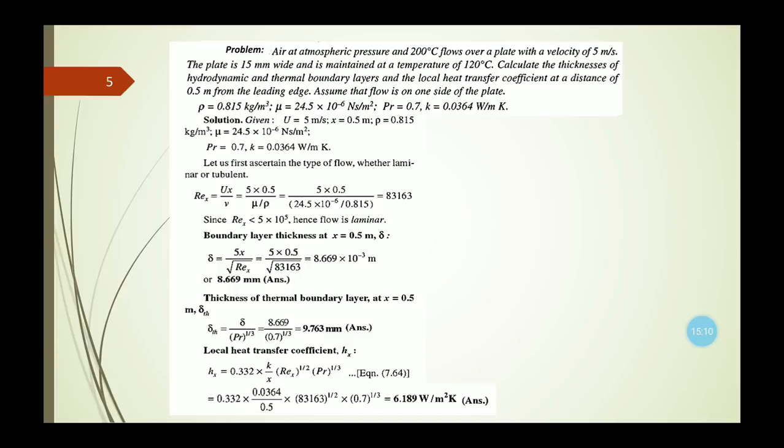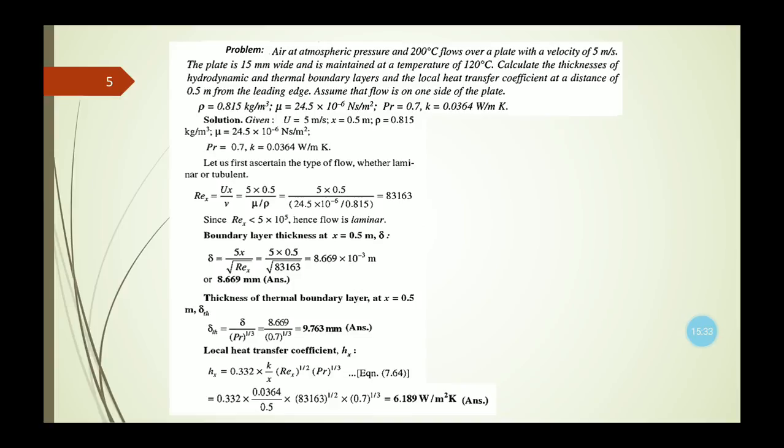The formula of the Reynolds number is rho u x divided by mu, or in terms of kinematic viscosity, u x divided by nu.